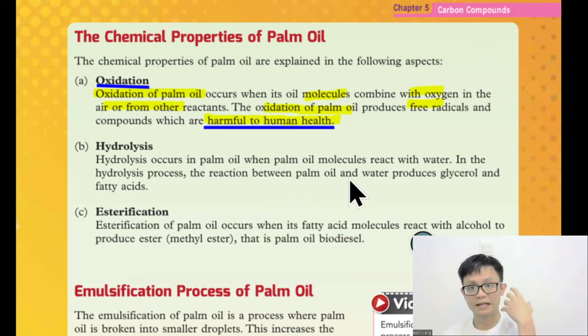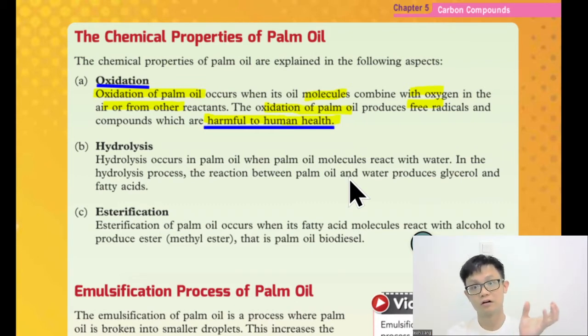Oxidation, for example, if I take an apple, and I put the apple aside, then the apple suddenly becomes black in color. Correct or not? I put the apple, I don't want to eat it, after 1 hour only I eat. So the apple becomes black. So I can say that the apple already underwent oxidation because it already combined with oxygen.